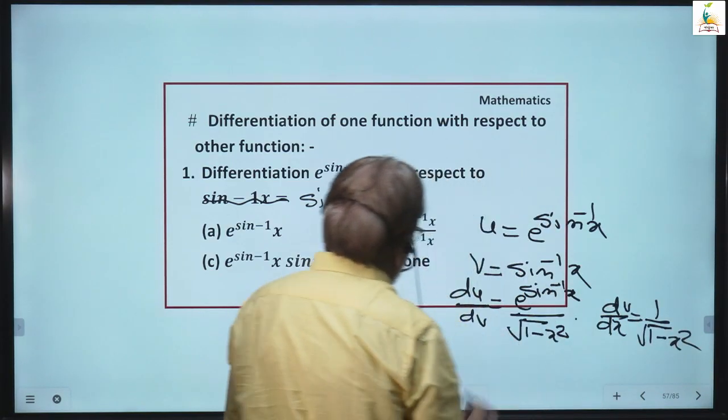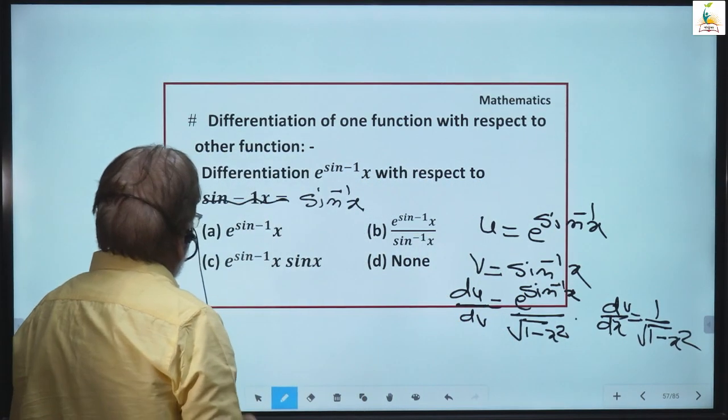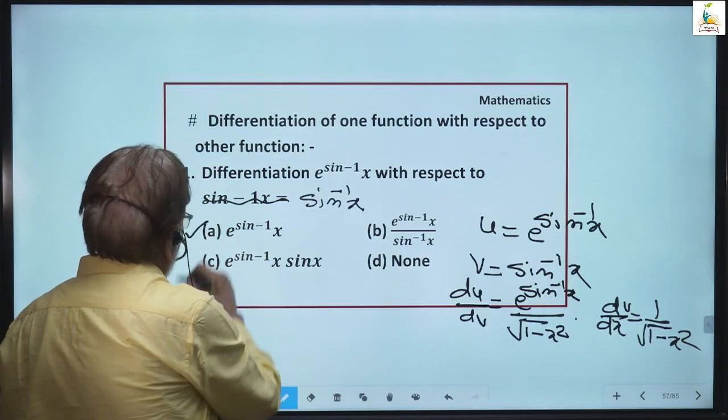If you divide it, the answer will be e raised to sine inverse x.